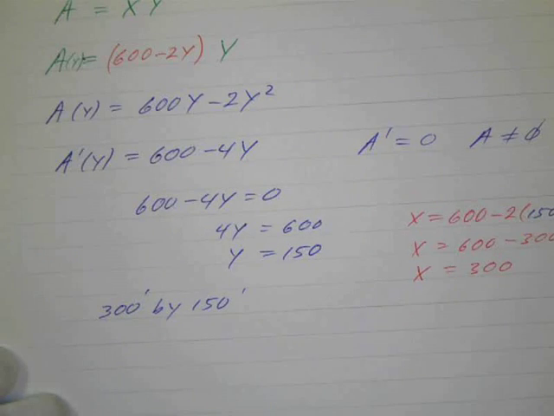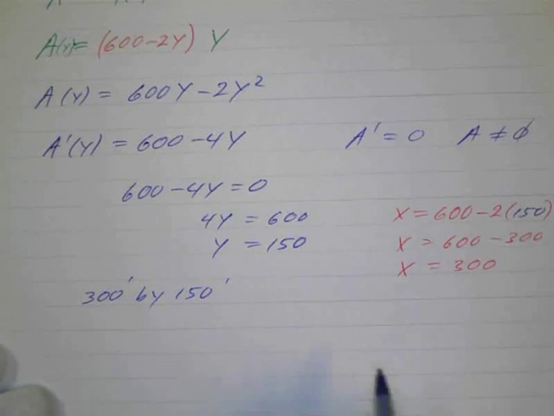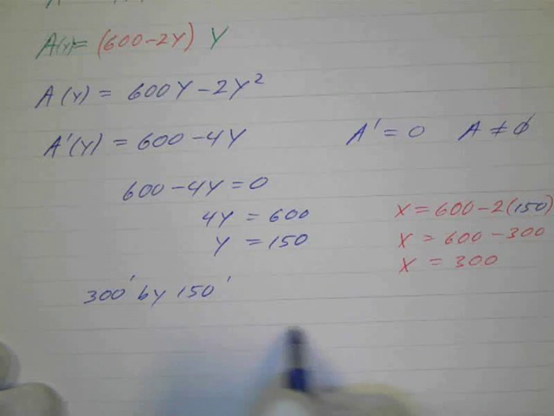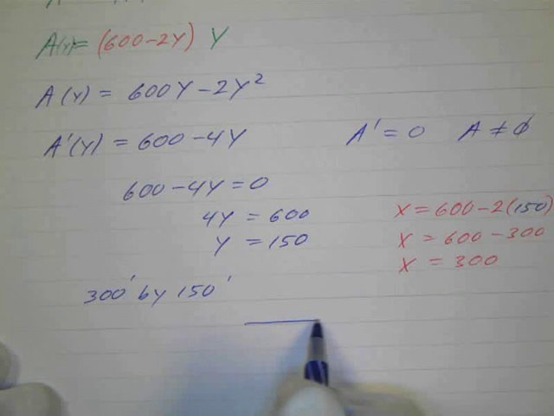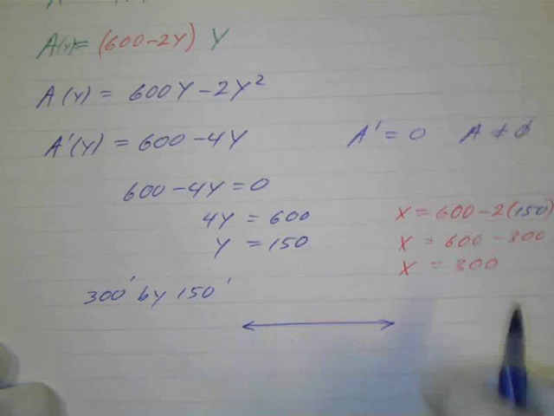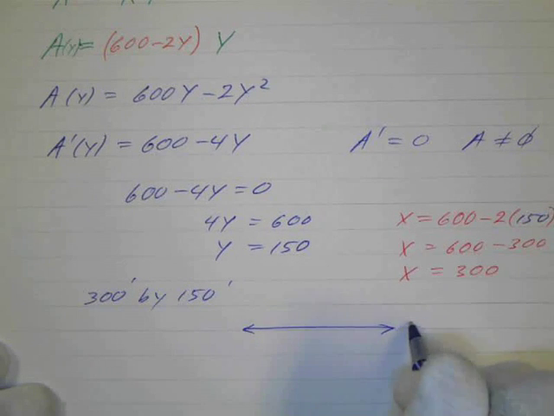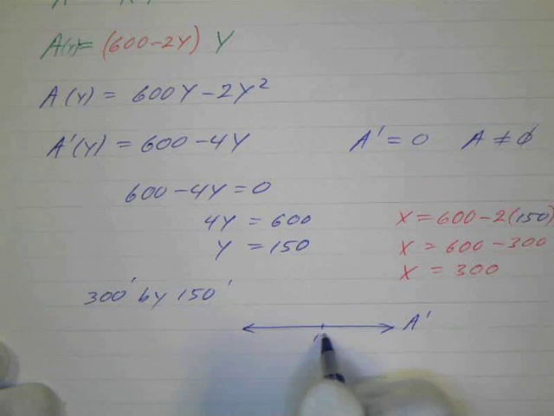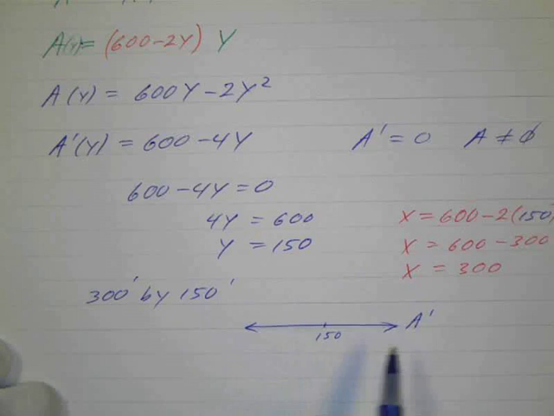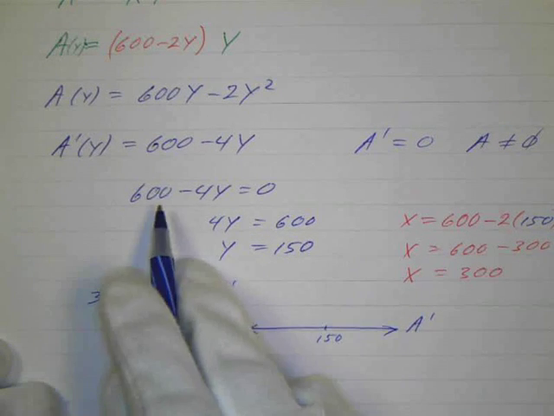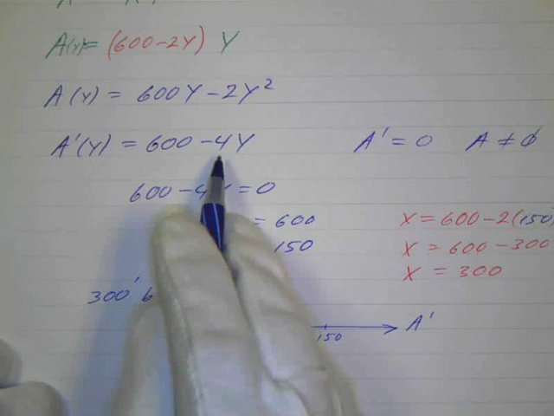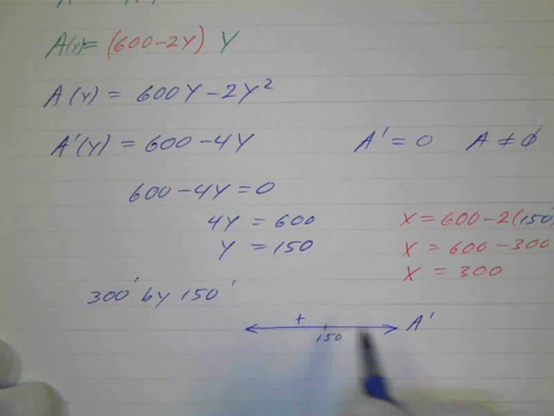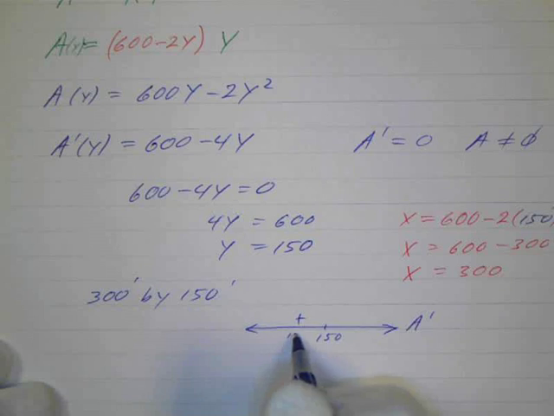We could double check to make sure it actually is a relative maximum, so we can do a first derivative test. This is a prime, and that was at 150. If I put like 100 in here, this is going to be positive.